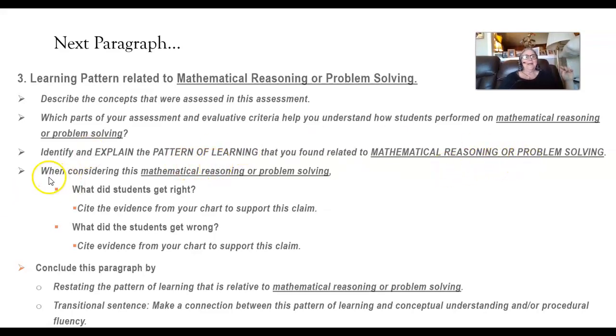I'm tired of saying it. When considering this mathematical reasoning or problem solving, what they got right, cite the evidence, what they got wrong, cite the evidence. Then conclude by restating your major points and hopefully making a connection between this pattern of learning and the others.